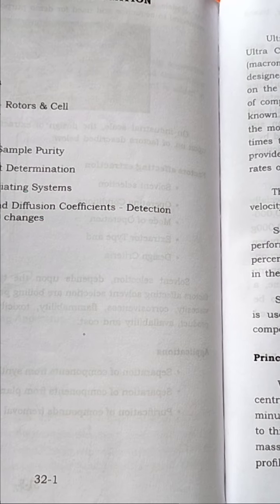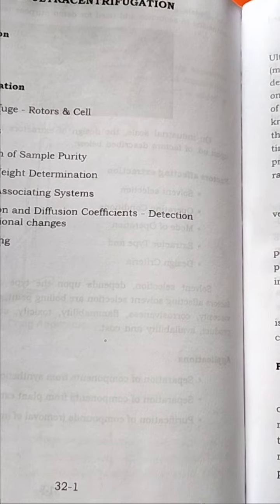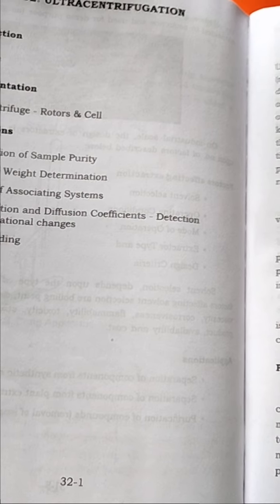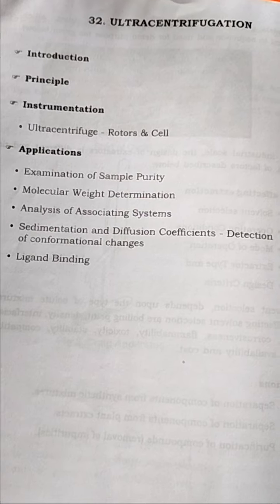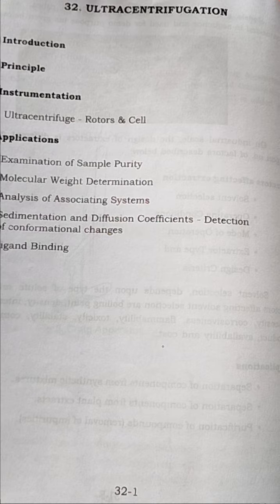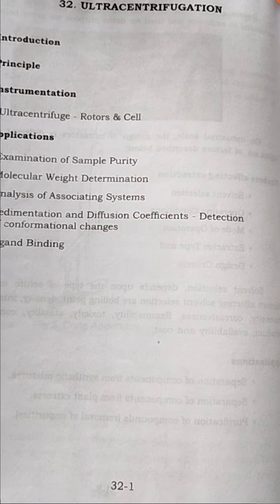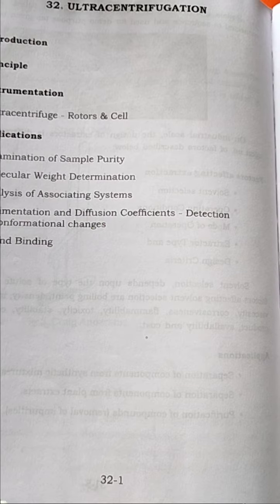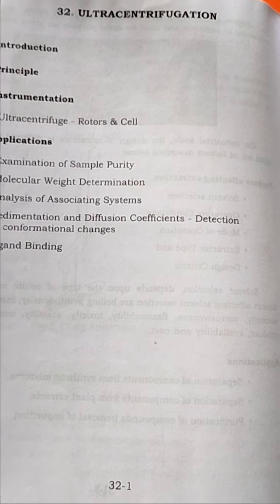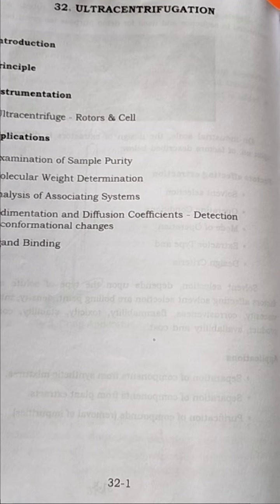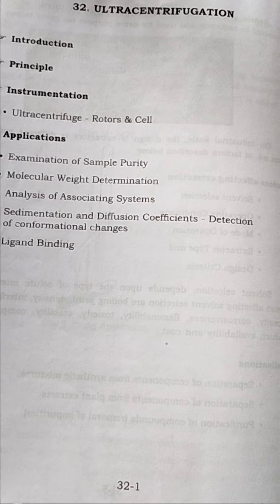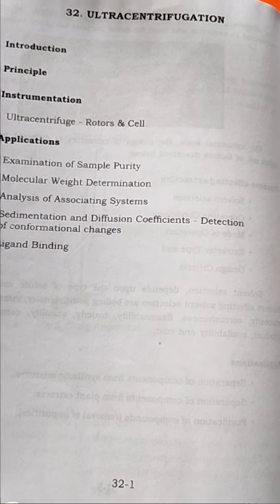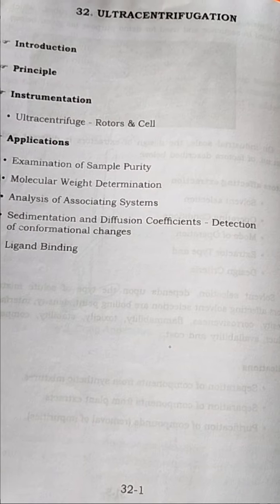There are two types of analytical ultracentrifugation: sedimentation velocity analytical ultracentrifugation and sedimentation equilibrium analytical ultracentrifugation. Sedimentation velocity analytical ultracentrifugation, shortly SVAUC, is performed to obtain sedimentation coefficient values and the percentage of monomer or multimer components in given samples.